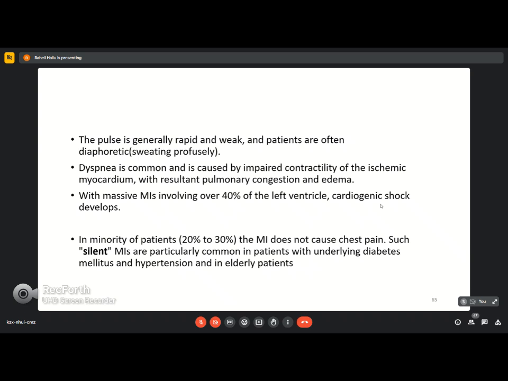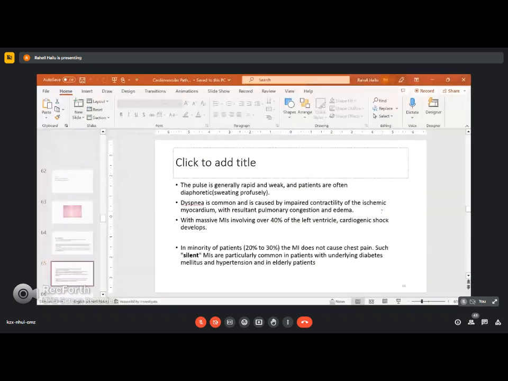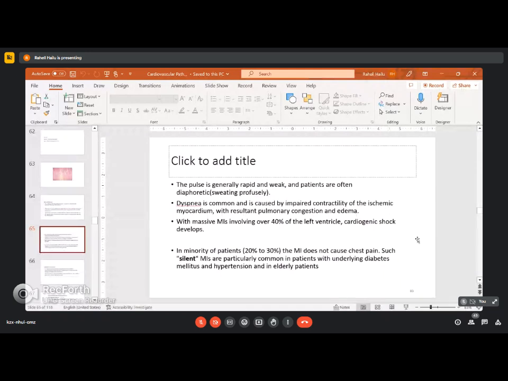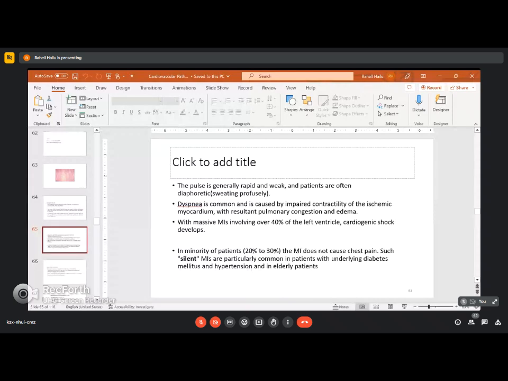Can anybody guess why patients become diaphoretic in the case of myocardial ischemia? Why do patients become diaphoretic in ischemia?